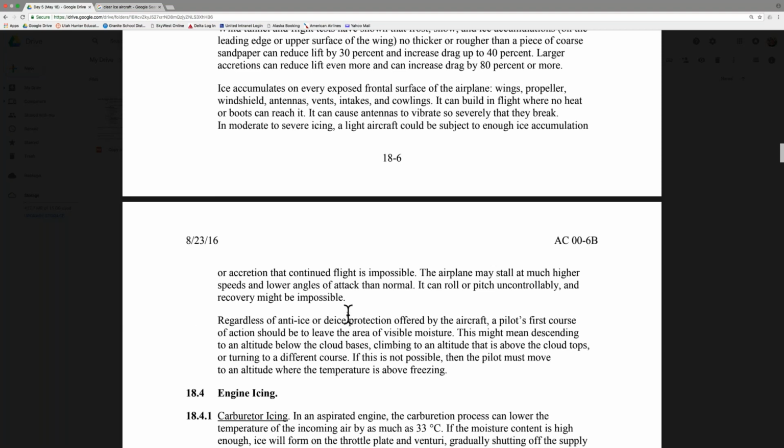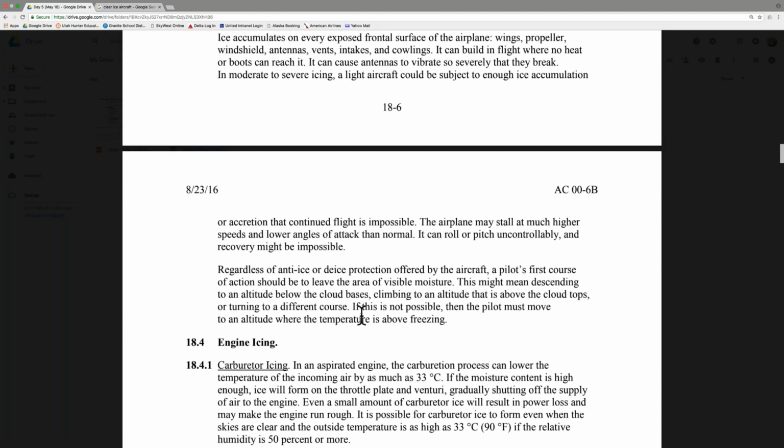So we're gonna read through an NTSB investigation on an aircraft that had flown up from Florida to JFK, and it was icing conditions in JFK, and the pilot made several mistakes, and then ended up crashing the aircraft.